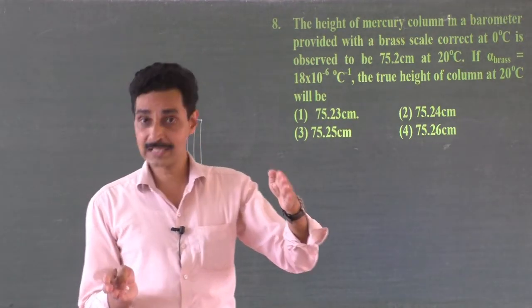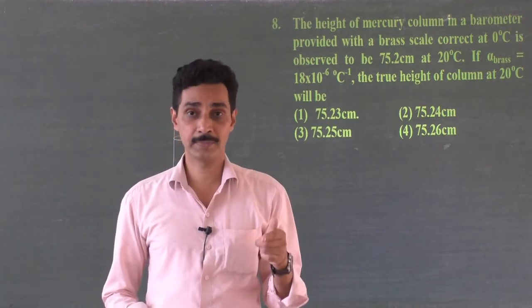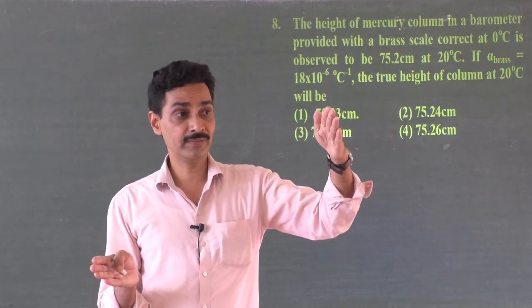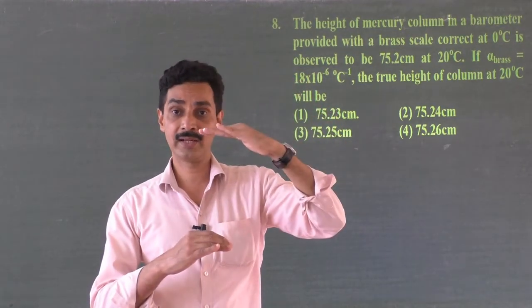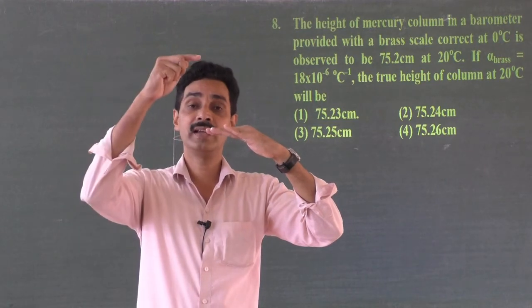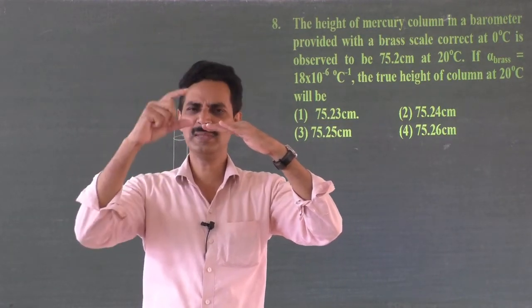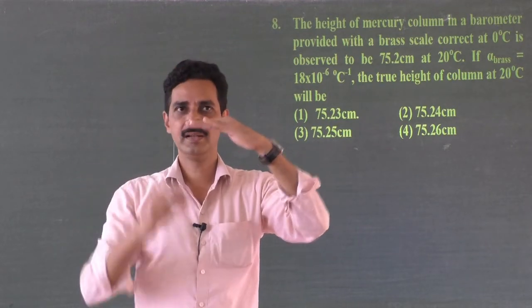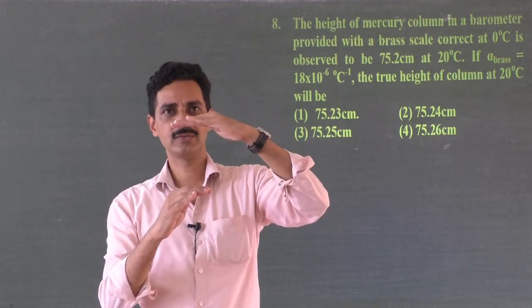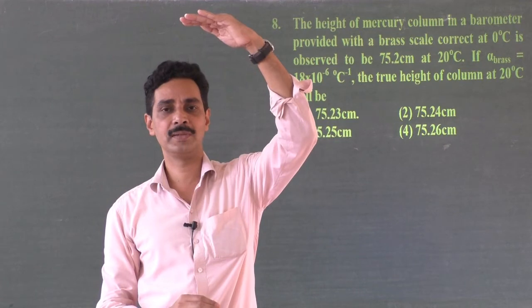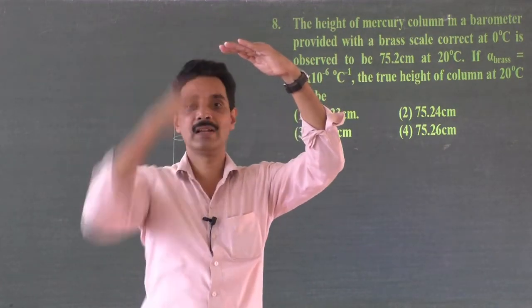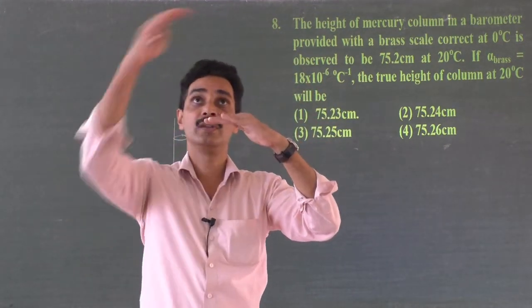If the scale was not expanding, that 75.2 centimeters would have been at a lower level. Then the actual height of the mercury column will be more, some 76 or 77, something like that. So when the brass scale is heated to 20 degrees centigrade, 75.2 centimeter goes up. Now it is at the level of mercury, but actually it should have been more.